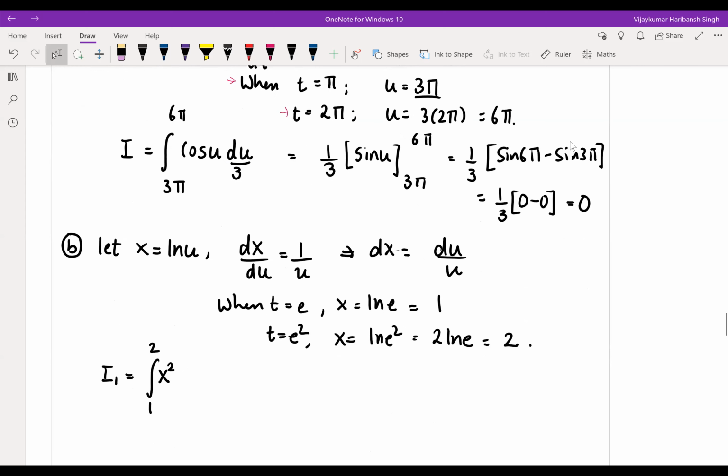So we get x dx. This is going to be x cubed by 3 from 1 to 2. This is 1 by 3 times 2 cubed minus 1 cubed, which is 8 minus 1 is 7, so 7 over 3. So this is how this integral is done.